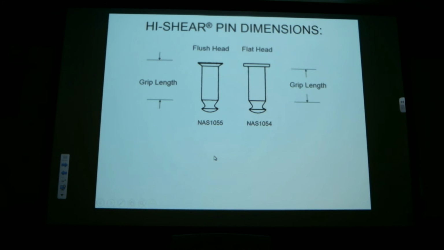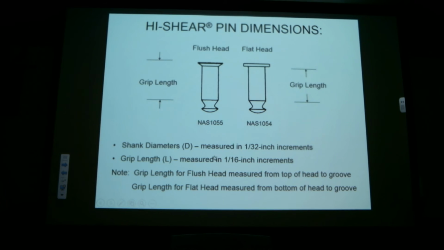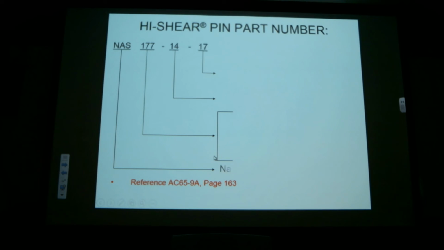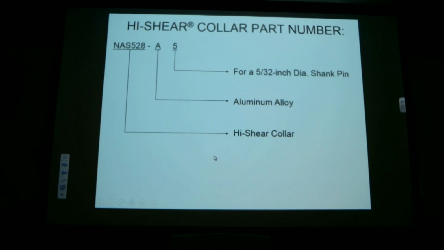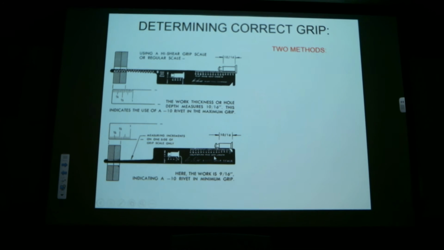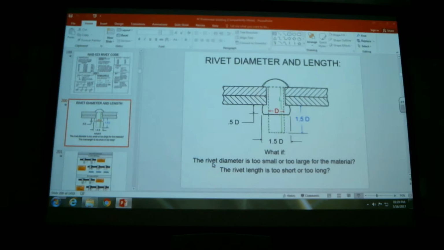When Boeing came up with the Hi-Lok, they did away with this particular type of fastener. But they're still occasionally found out there. Once in a while, you'll see substitution of this with maybe a close tolerance bolt. But that's about the only thing that I know that will kind of substitute for it.